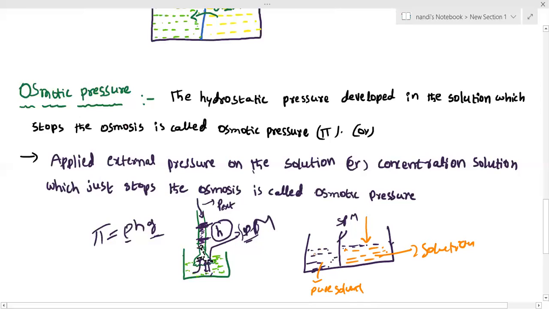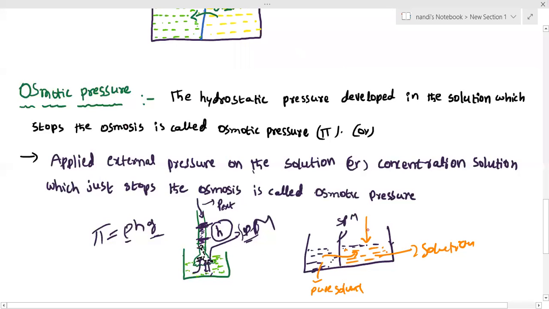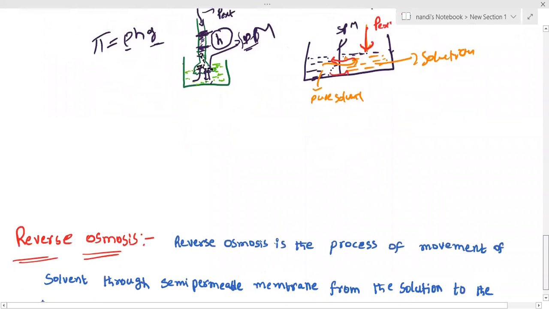So osmosis can occur, and water molecules enter into the solution. But we are applying pressure on top of the solution. When we apply pressure, the solvent molecules can't come inside because they try to move back. So they reach equilibrium very fast. Once they reach equilibrium, there is no osmosis. So this is the external pressure we apply. This is P external. The amount of pressure required to stop osmosis is called osmotic pressure.